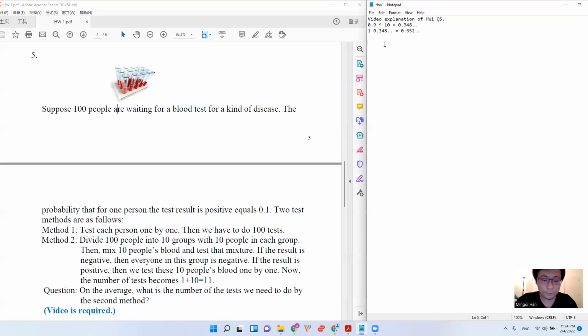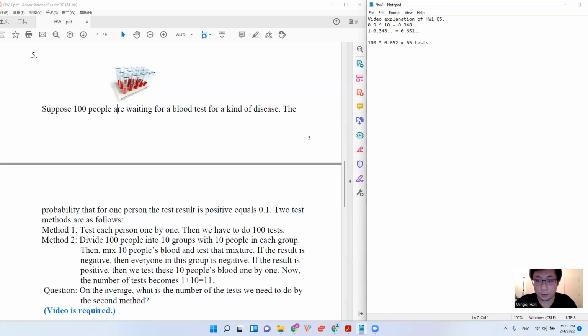It can be 100 people times 0.652, which is approximately 65 tests needed for the second round overall for all 100 people.